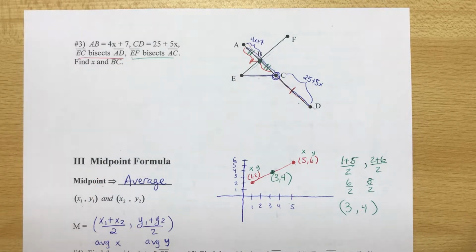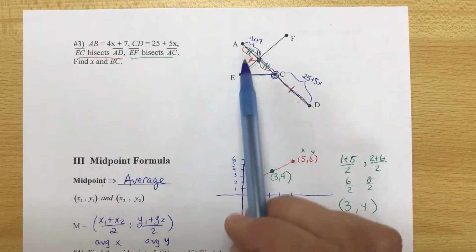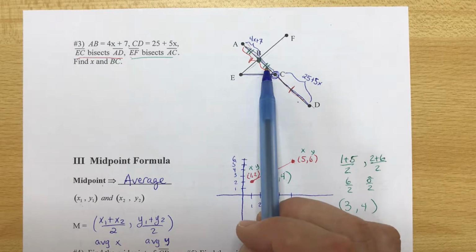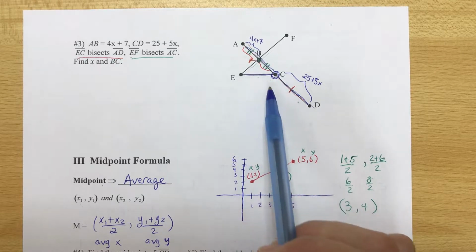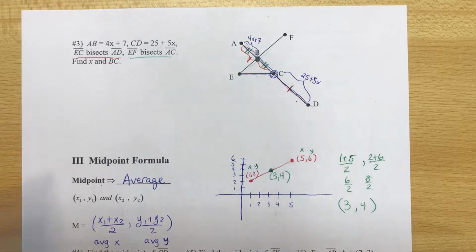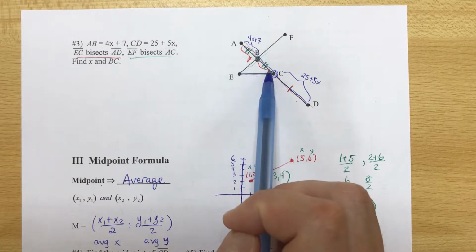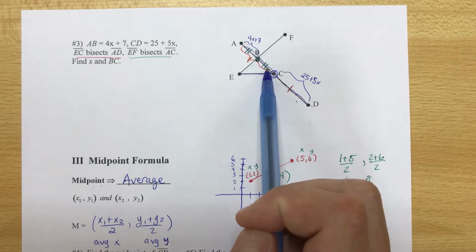There are really two ways that these kinds of problems will go. We're either going to make an equation where the two equivalent parts are equal to each other, the two congruent segments would have to be equal, or we're going to have to add up to get something. It's easier if I can just say segment AB is congruent to BC. The problem is they don't give us an expression for this.